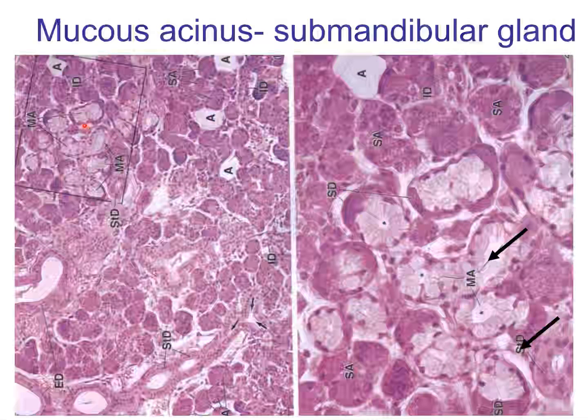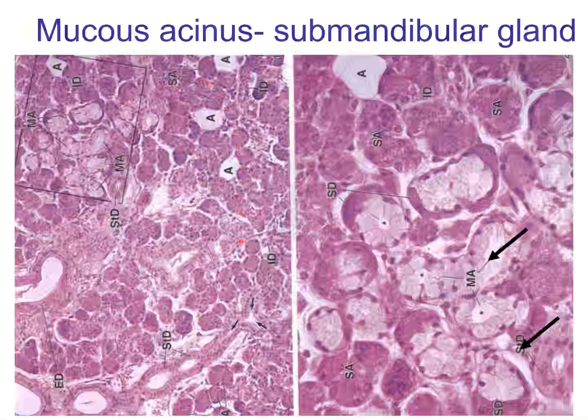The mucinogen granules don't take stain. Actually, the mucinogen is washed out during the tissue processing, so the acini look unstained. So here are the mucous acini, and here the dark stained acini are the serous acini. So this is a mixed gland, but predominantly serous.